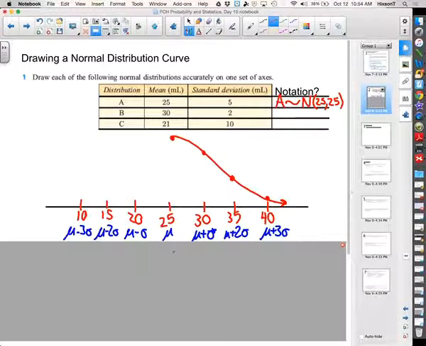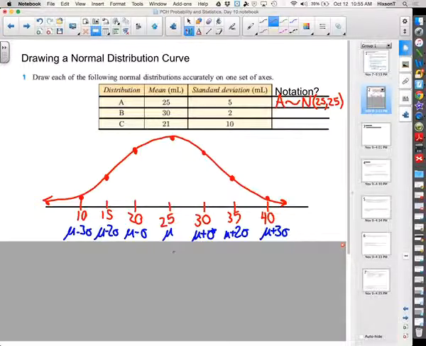So I put this this high, so I should end up being at about the same height on the left-hand side. Okay? At 35 it was this high, so at 15 I should be about the same height. Okay? Now I'm not going to get a ruler out and measure, but it should be pretty close. Okay? So we have this symmetry, with our mean being at the highest point, and then we have 1, 2, and 3 standard deviations away on either side. Okay? Does that make sense?